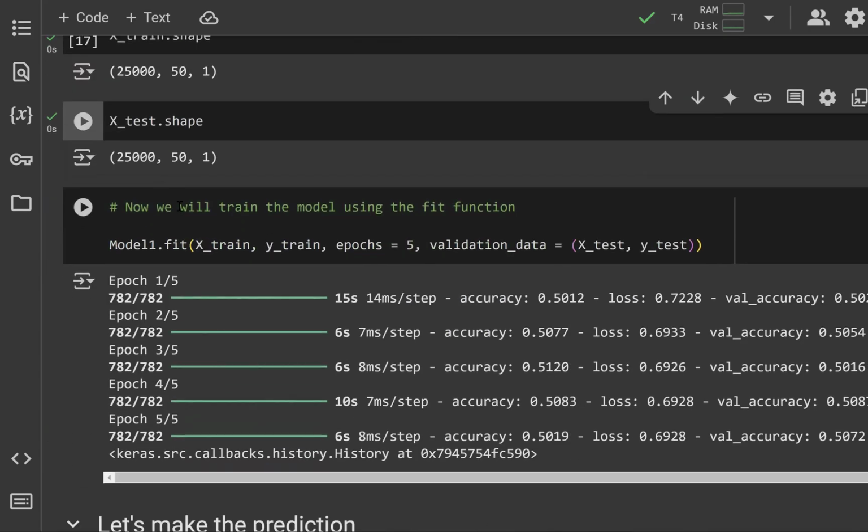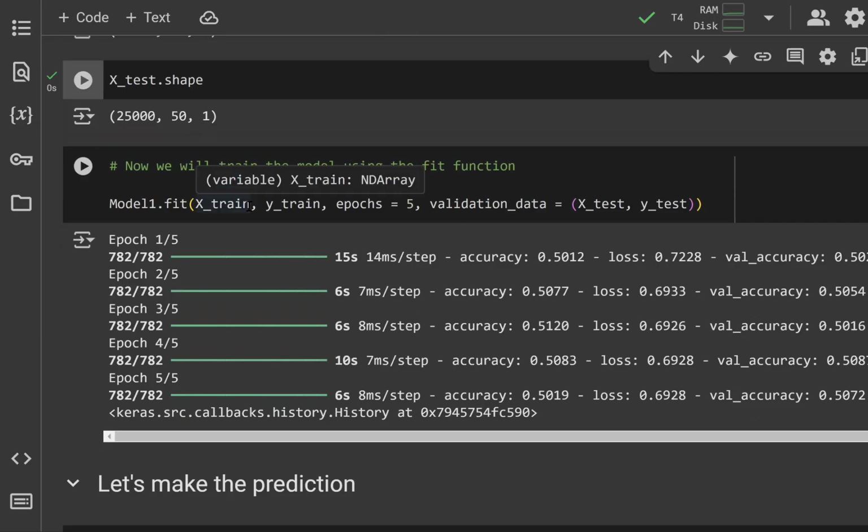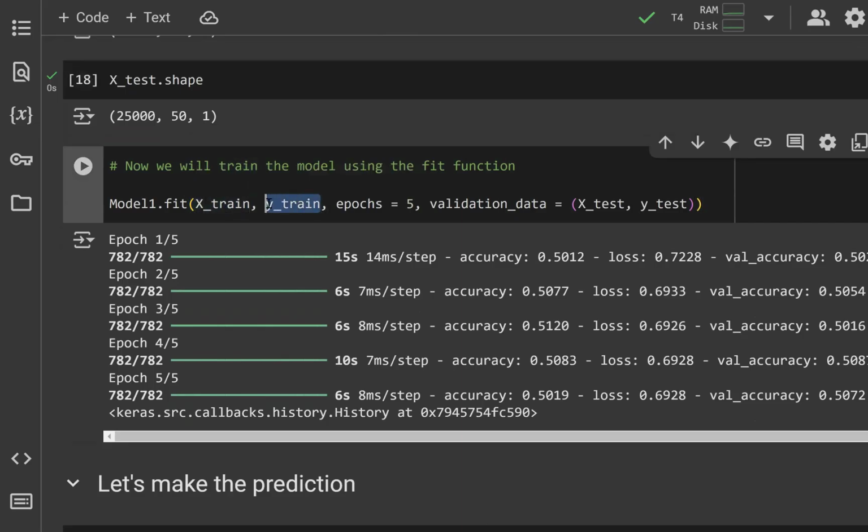And now we are applying the fit function, guys. See, X_train, Y_train, input training, output training, and I'm taking 5 cycles. I also wanted to see the accuracy for both training and testing, which is why I put validation data equal to X_test and Y_test.